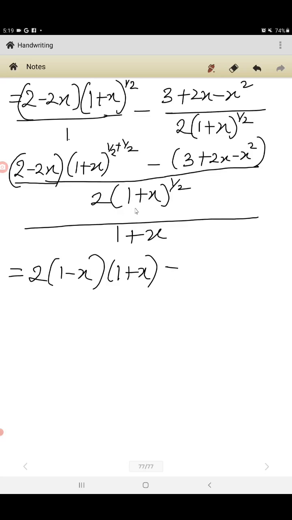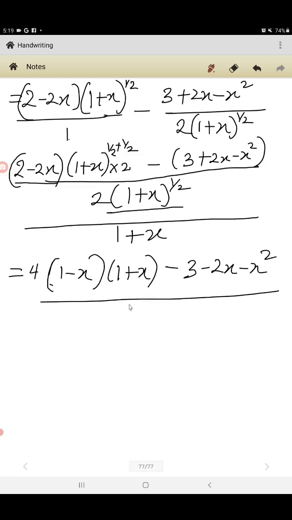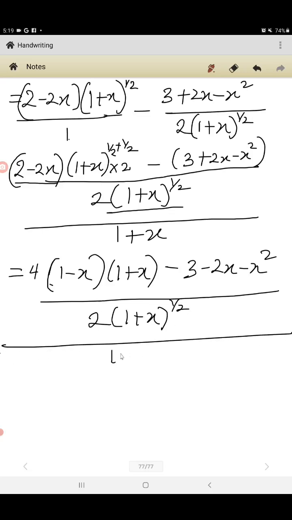Recall that when this wants to multiply, we only multiply this by the top, but it also has been multiplied by 2. So this one will be 4. This will be 4 brackets. So now it will be minus 3 minus 2x minus s squared all over 2 onto 1 plus x all raised to power half. The total 1 plus x.